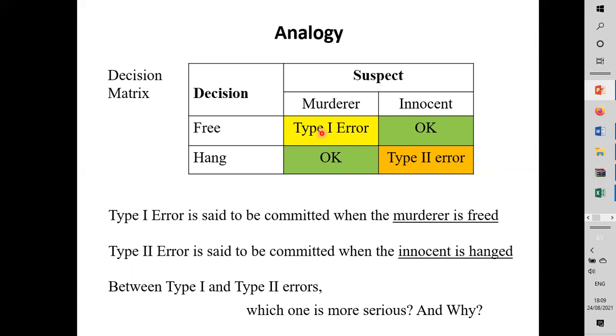I'm only asking, what is the meaning of reducing type 1 error here? Prevent many murderers going free, right? Yes or not? Yes.